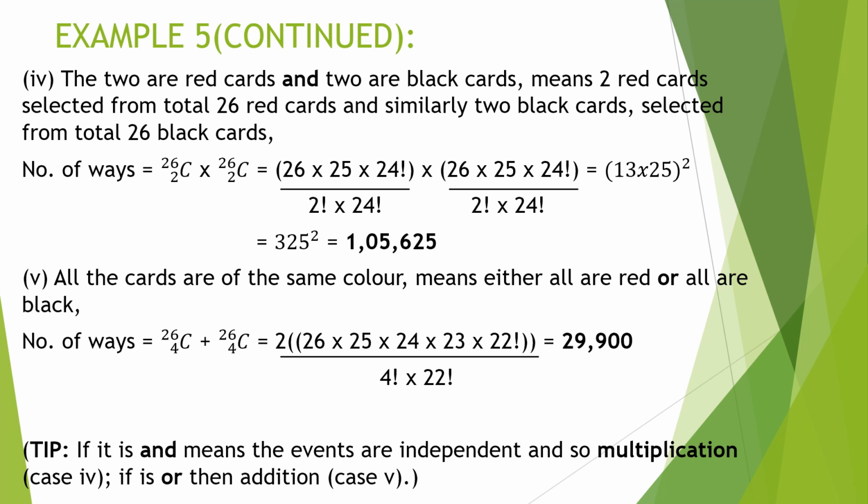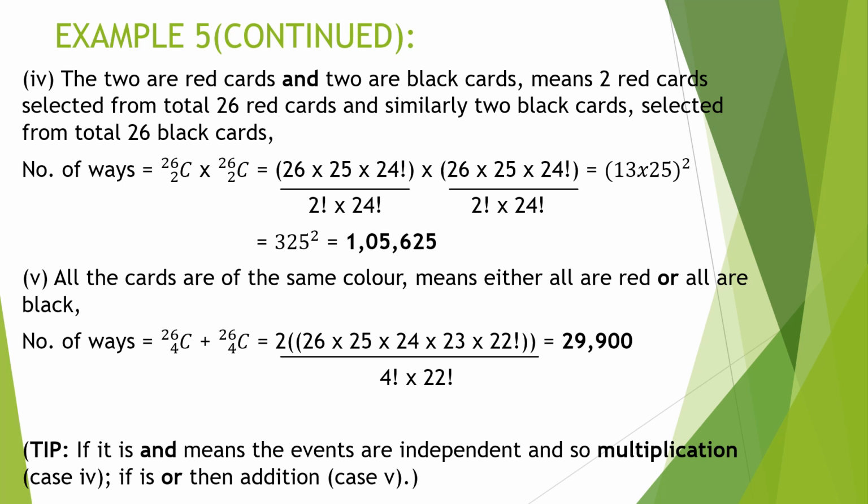Fourth case. The 4 cards which you are selecting, in that the 2 are red cards and 2 are black cards. What does this mean? 2 red cards means totally you are having the diamond and heart, both are of red color. So totally you are having 26 red cards. Similarly, you are having 26 black cards. So 2 red and 2 black means 26C2 into 26C2.